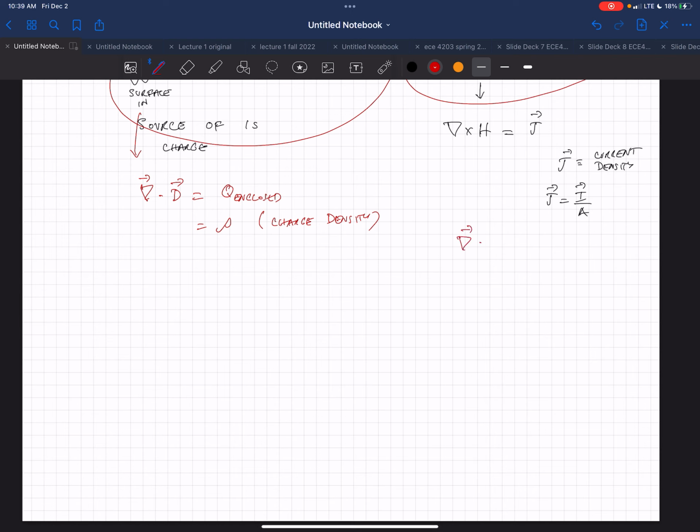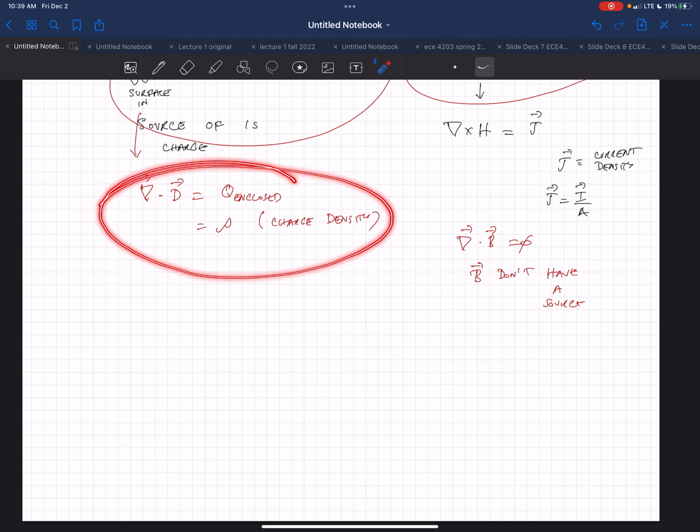And del dot B is always equal to 0 because magnetic fields don't have a source. So this is going back to our earlier discussion that this del dot D, the divergence of electric flux or electric field, can give you a non-zero value because D or E are being created by isolated charges.